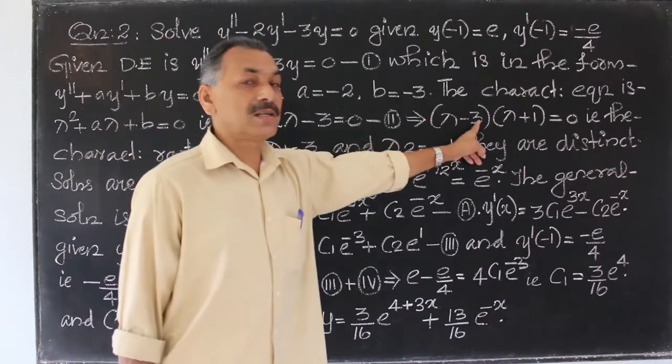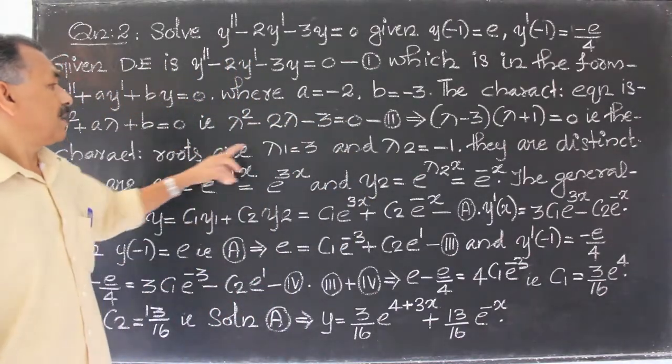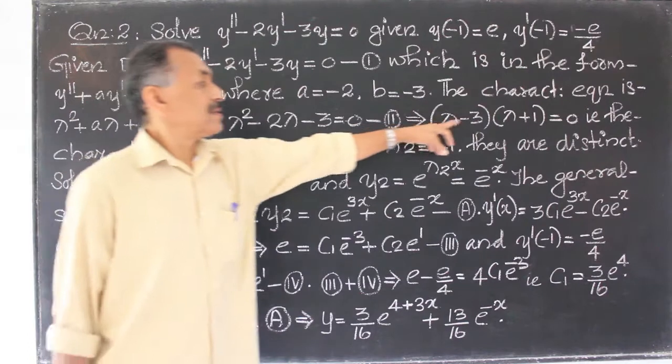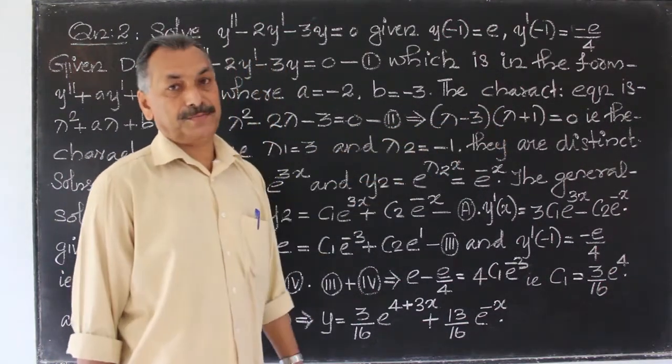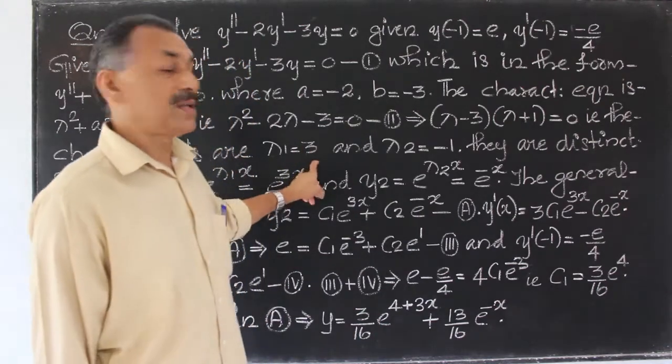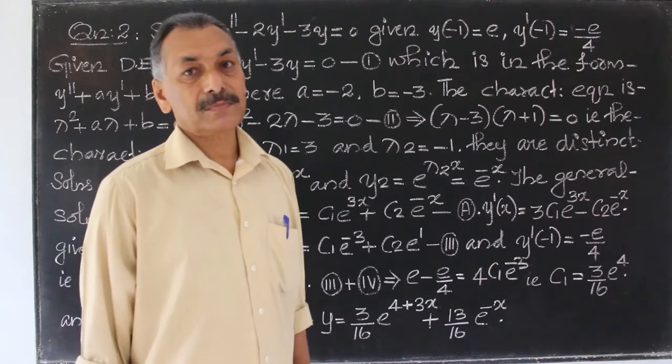If lambda - 3 = 0, then lambda = 3. The characteristic roots are lambda1 = 3, and if lambda + 1 = 0, then lambda2 = -1. That is lambda1 = 3 and lambda2 = -1 are the distinct roots.